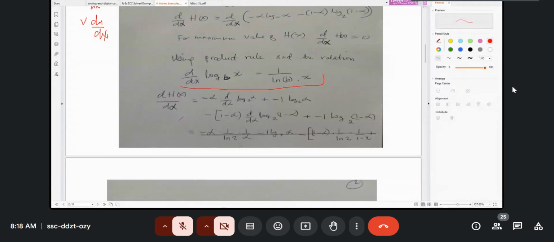In our case, we are differentiating with respect to alpha.